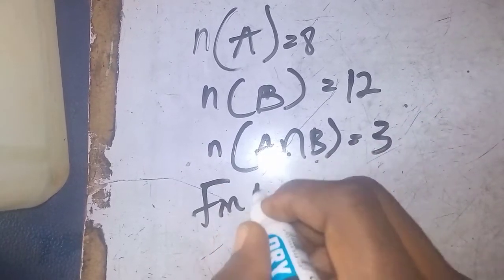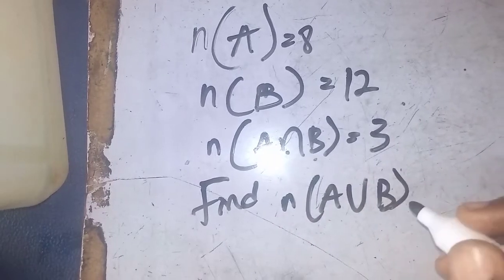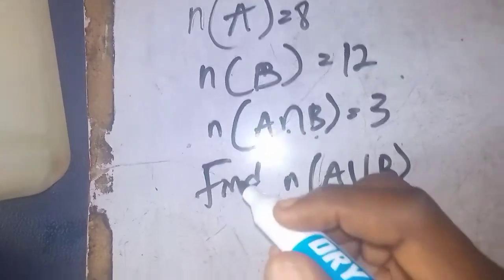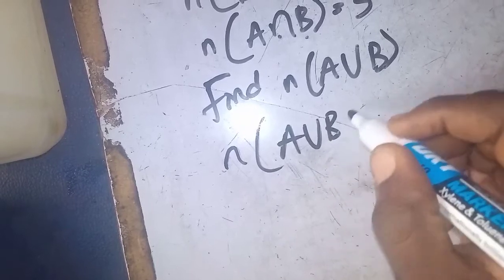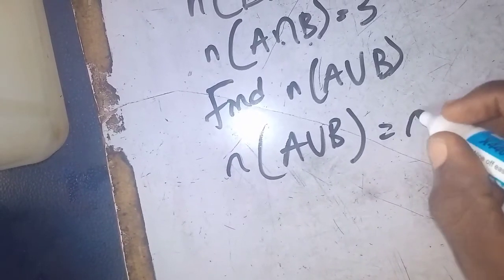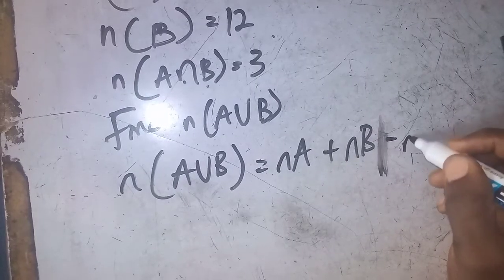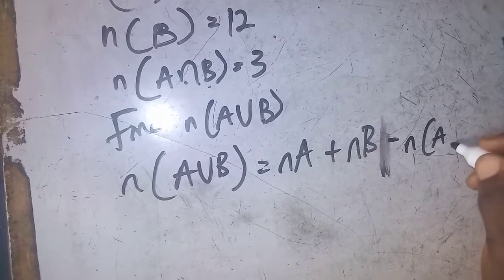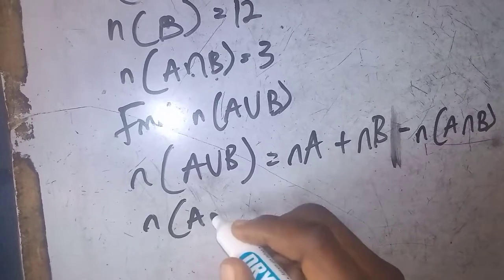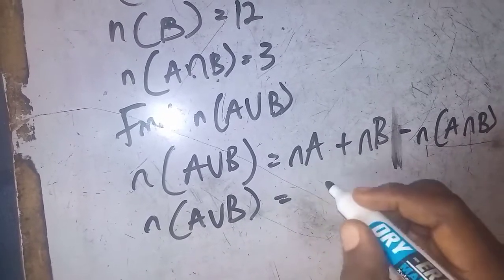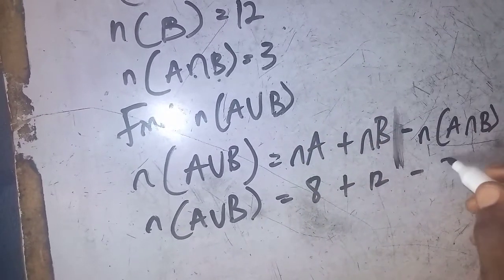Then we have to find set A union B. According to a direct formula, set A union B equals set A plus set B minus set A intersect B. So what we are looking for equals set A is 8 plus set B is 12 minus set A intersect B is 3.